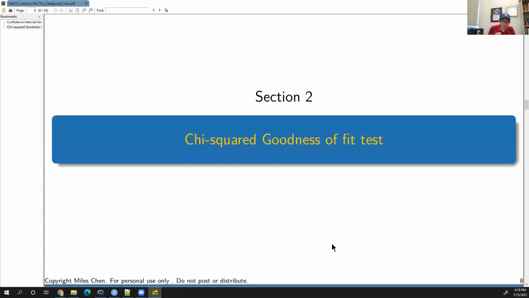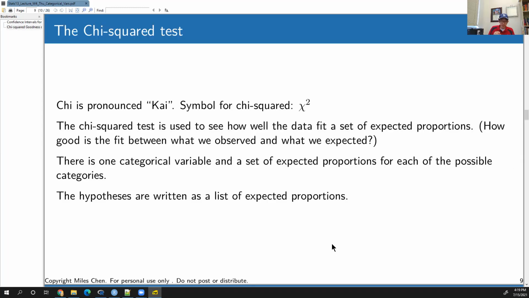Let's move on to our next topic, which would be the chi-squared goodness of fit test. So we're going to see two chi-squared tests. We've got the goodness of fit, and then later on we have the chi-squared test for independence.